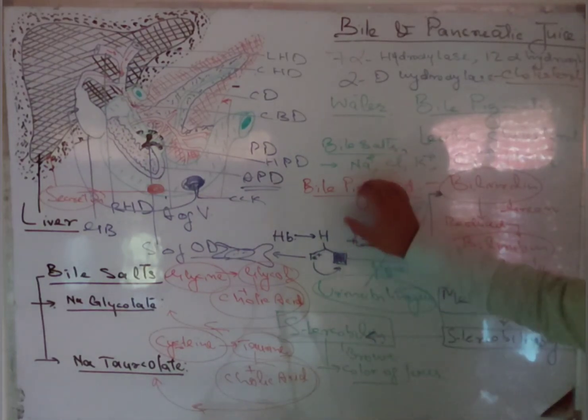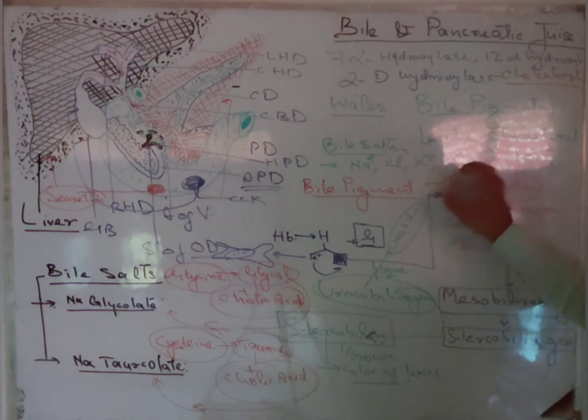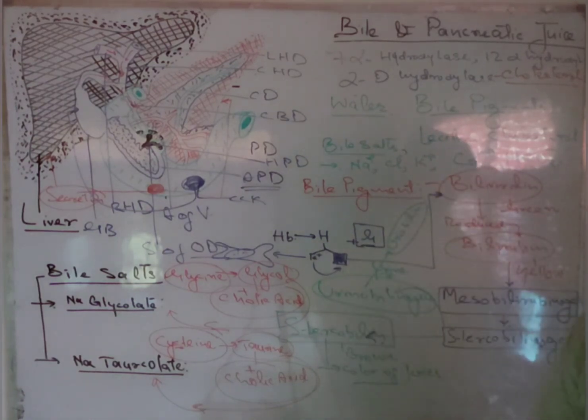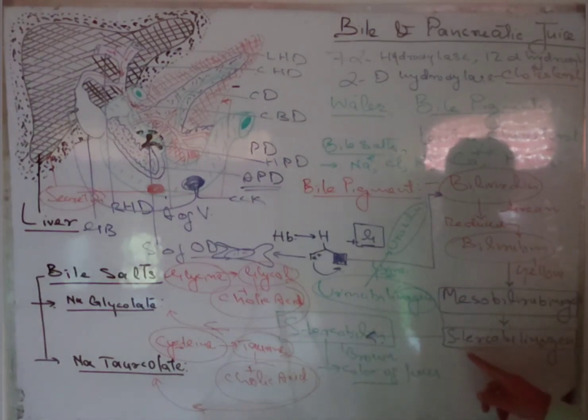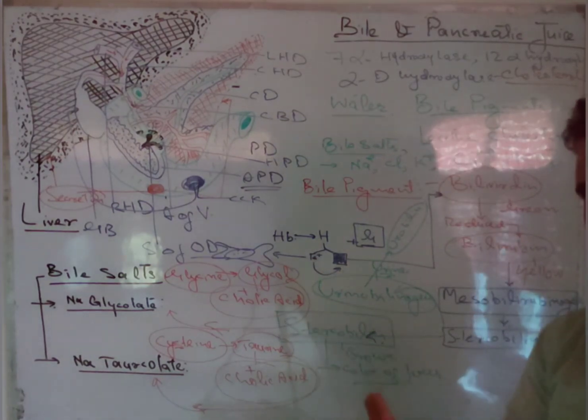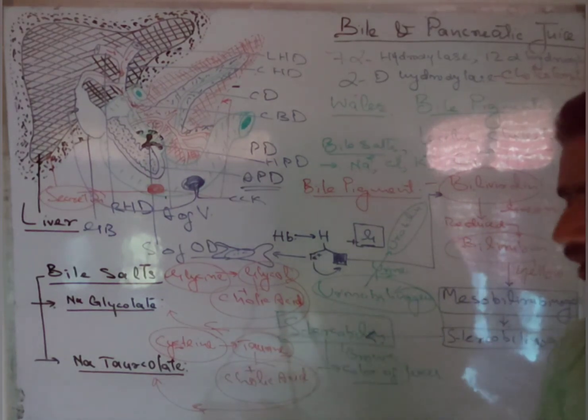So far as the bile pigments are concerned, the main bile pigment was biliverdin, which we got from the degradative metabolism of the heme part of our hemoglobin, primarily in the spleen, then in our liver. That biliverdin was reduced into bilirubin, then into bilirubinogen, then into stercobilinogen, and stercobilinogen was converted under the influence of some bacterial enzymes into stercobilin, which was responsible for imparting the color to our feces.